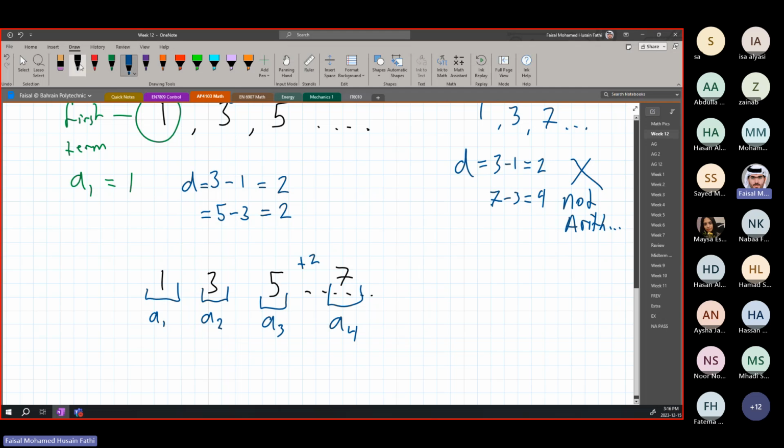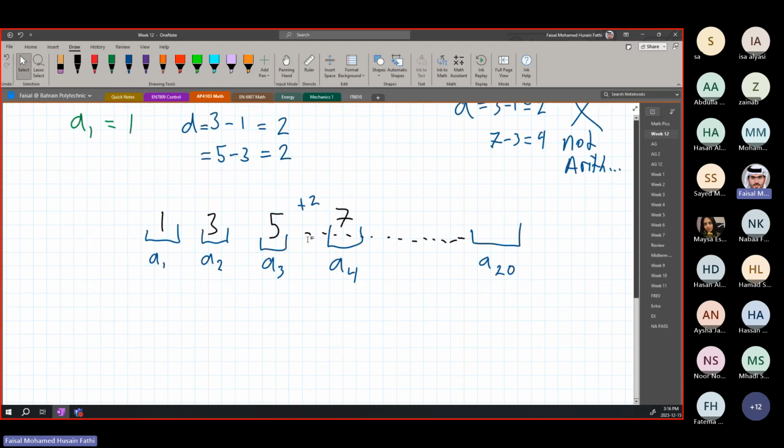So let's say you want a number whose location is very far along the line, let's say 20, for example. Obviously, if you want to do the long way, you just add 2 plus 2 plus 2 plus 2, but that takes a very long time to calculate. That is when you will use the equation that I explained earlier, which is an is equal to a1 plus n minus 1 times d.